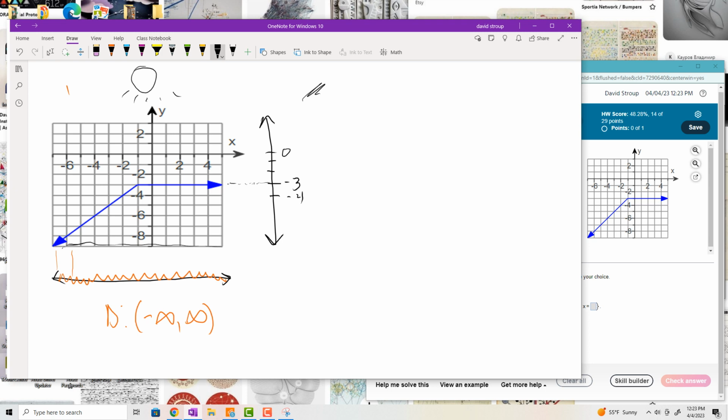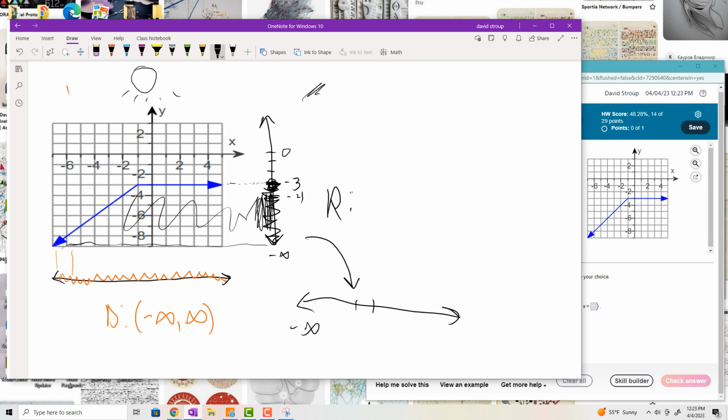So all of this is being cast onto the number line here. So including -3 and then just downwards to -infinity. So the range is going to go from, sorry, it's the other way around, right? If you were to lay this thing flat, it would look like this. -infinity is over here, and then -4 and -3. It's everything below that.